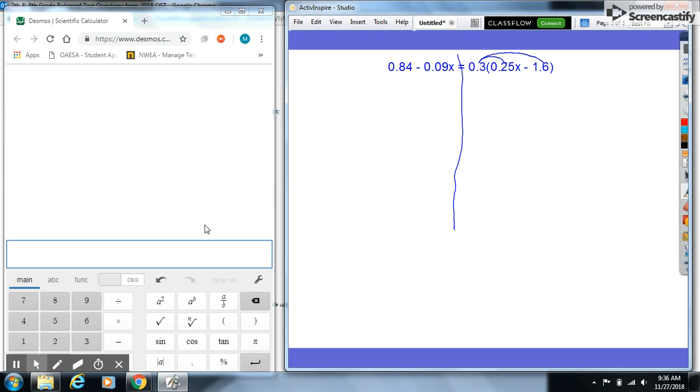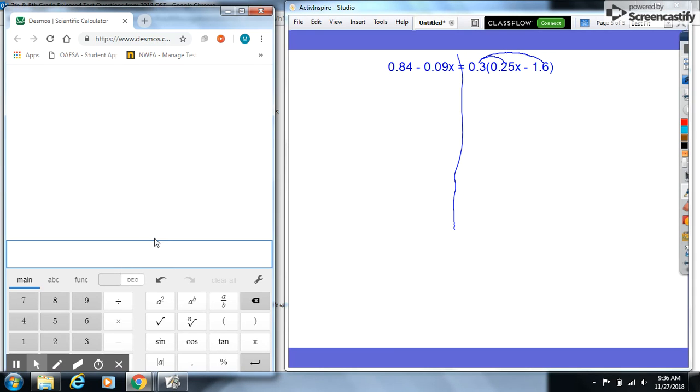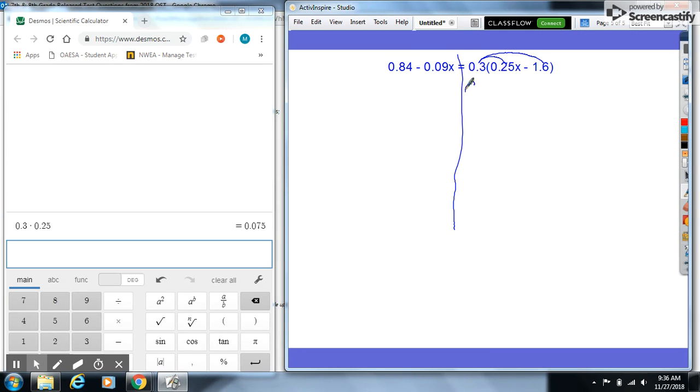So if I come over here to my calculator, 0.3 times 0.25, that means that this is going to give me 0.075. It's really important that you understand that's not 0.75, that you get that other 0 in there.